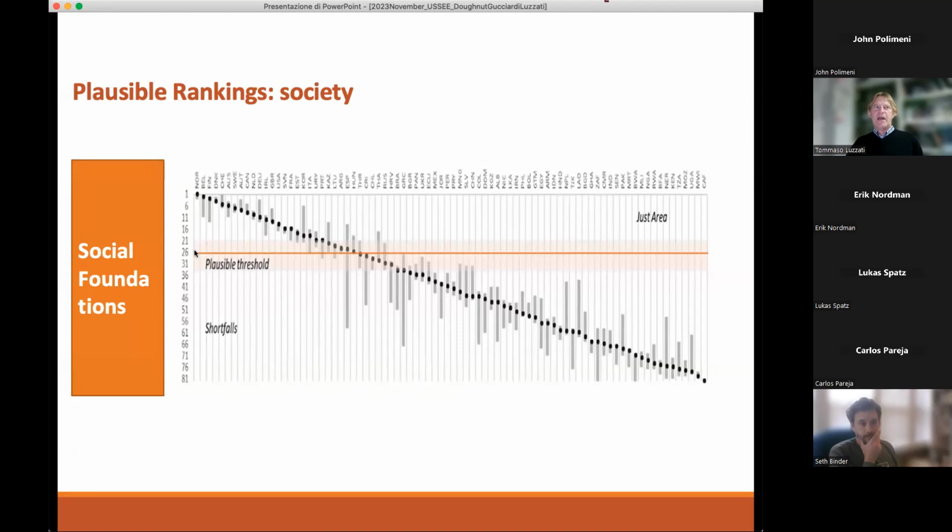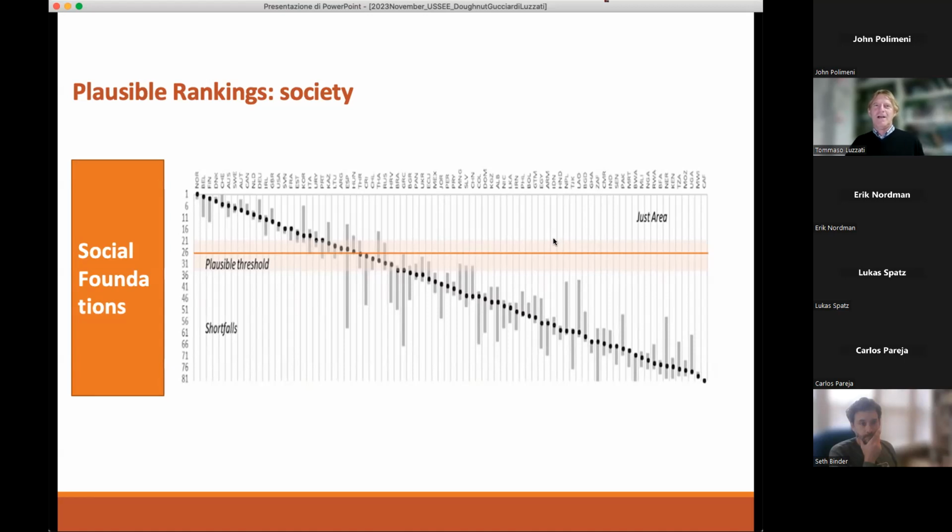We have also the threshold: this orange line at 26 is the median rank of the threshold, and the light orange color delimits the worst and the best rank.